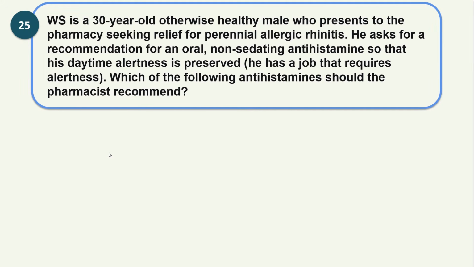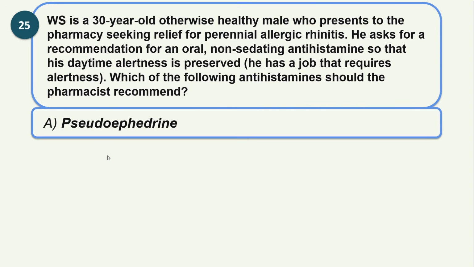Next, WS is a 30-year-old healthy male who presents to the pharmacy for allergic rhinitis. He asks for a recommendation on an oral non-sedating antihistamine so that his daytime alertness is preserved, as he has a job that requires alertness. Which of the following antihistamines should the pharmacist recommend?